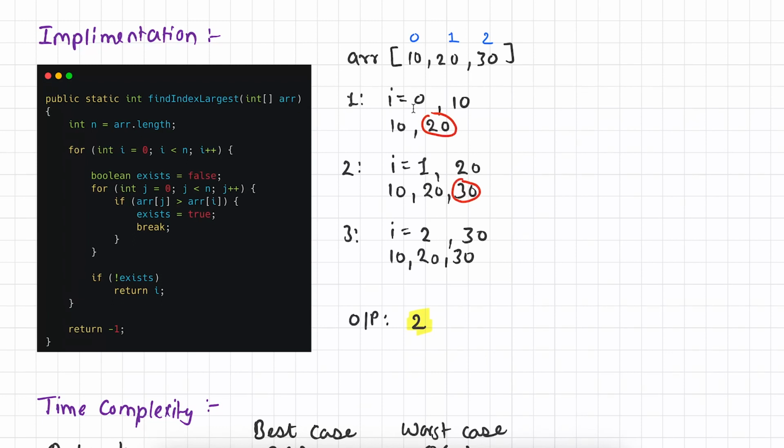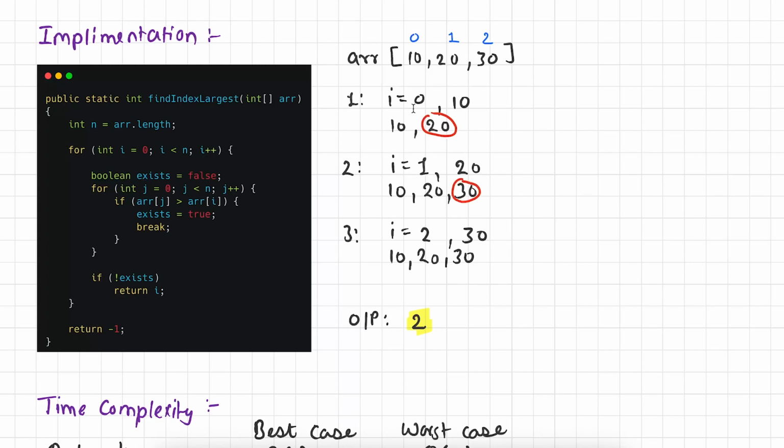Then I am using one variable, exist, and initializing it to false. And then I am again running a loop from j equal to 0 till less than n. And inside this loop, I am checking if array of j is greater than array of i. It means in the first loop, we are picking one number at a time, and in the inner loop, we are traversing all the elements of the array.